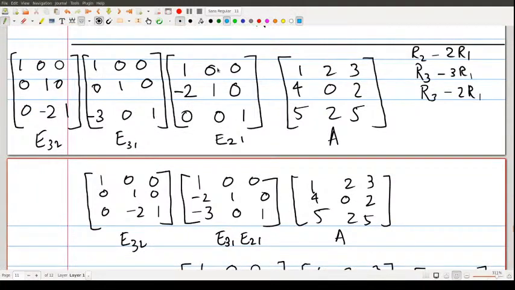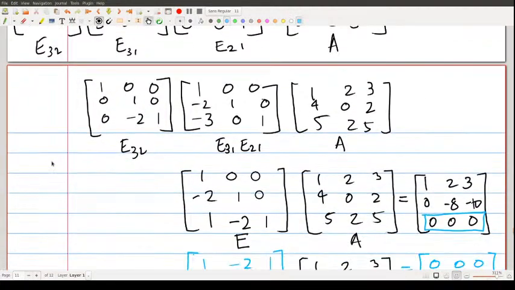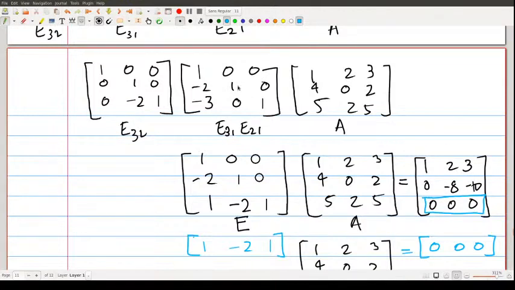Did I multiply these two correctly? 1, 0, 0, minus 2, 1, 0, and minus 3, 0, 1, that's fine. Also fine. 0, 4, minus 3 is 1, and 0, minus 2, plus 0, minus 2, and that's fine. Okay.